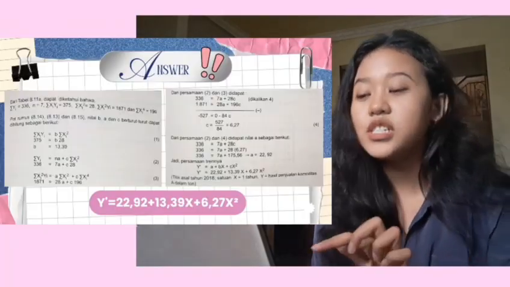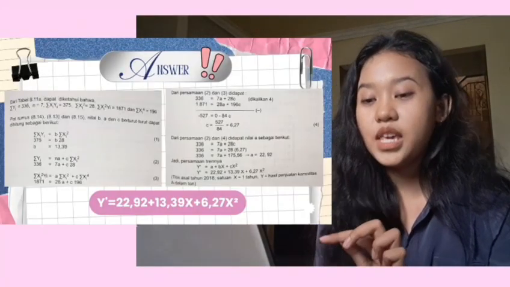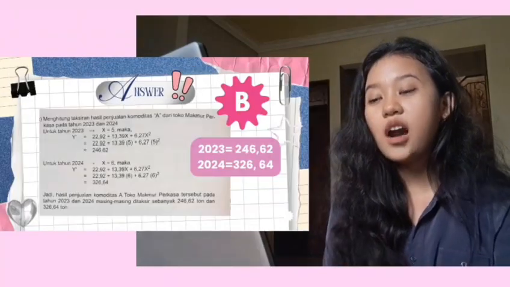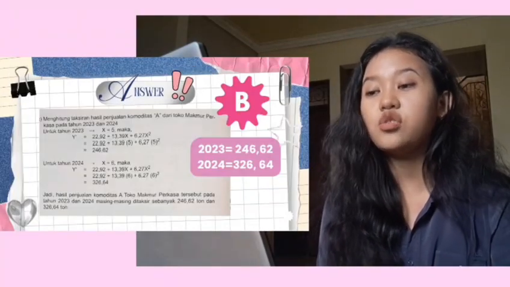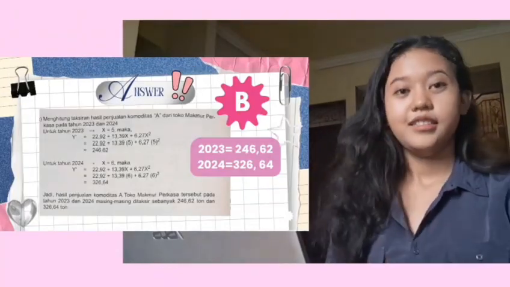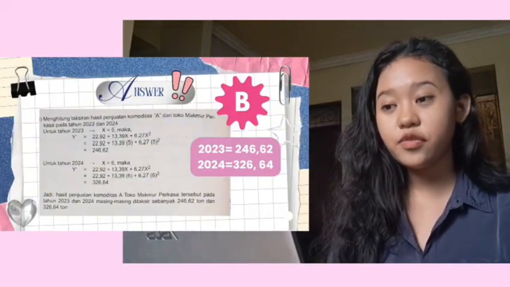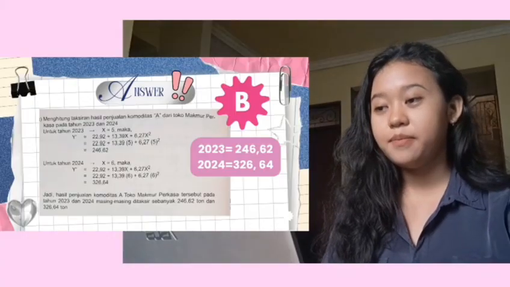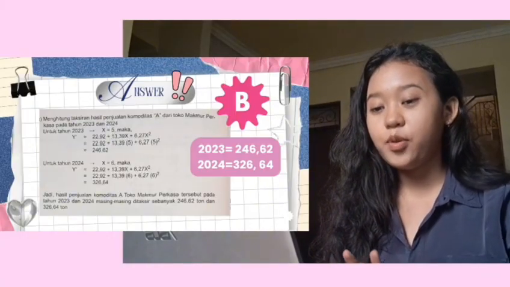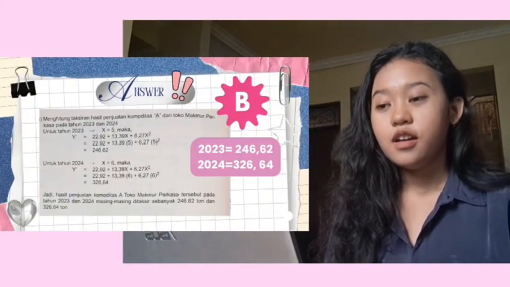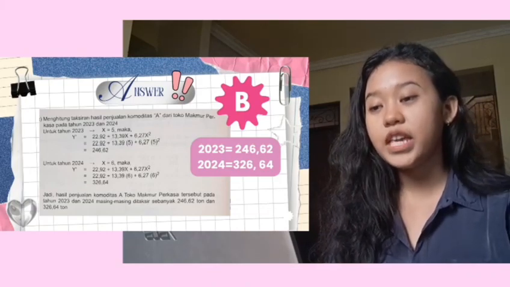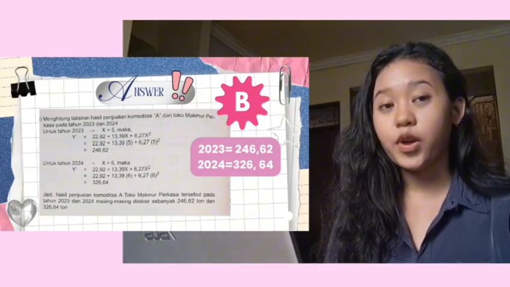So let's move on to the second question, question B. Now we need to find the sales for 2023 and 2024. By putting the numbers into the equation, we find 246.62 for 2023, and 326.64 for 2024.